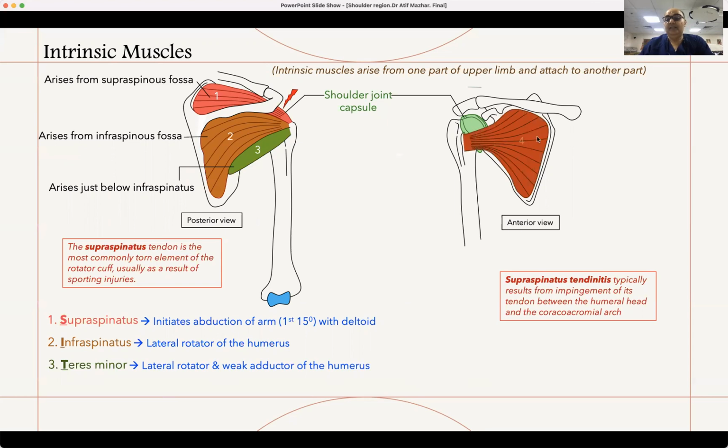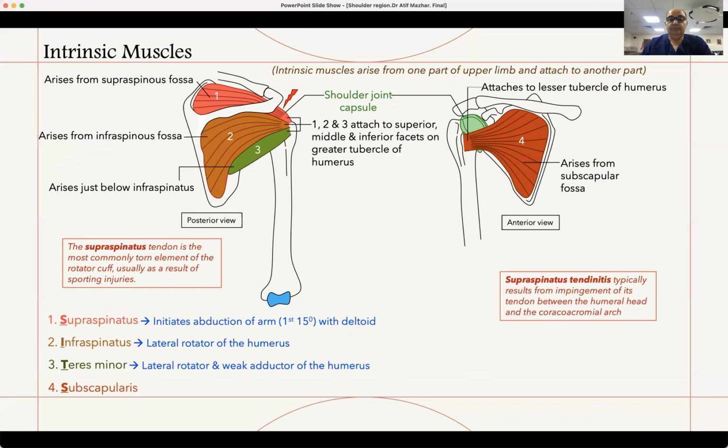And then from the anterior aspect, you're looking at the subscapularis muscle. So now this is 1, 2, 3, and 4. These SITS muscles are known as the rotator cuff. Are we good? This one is the only one that goes to the lesser tubercle. And all these three are going to the greater tubercle of the humerus. Are we good?